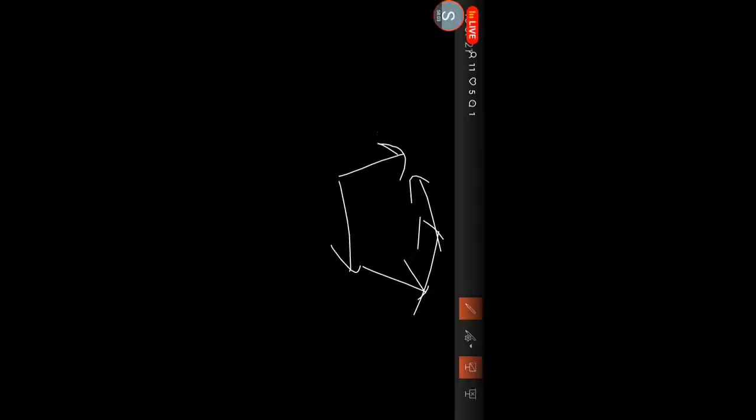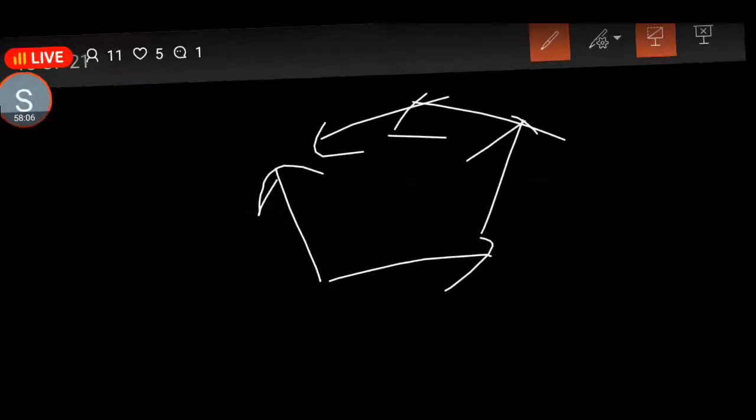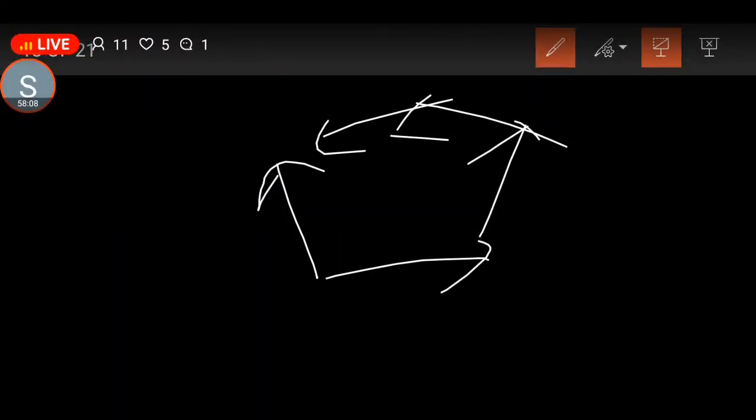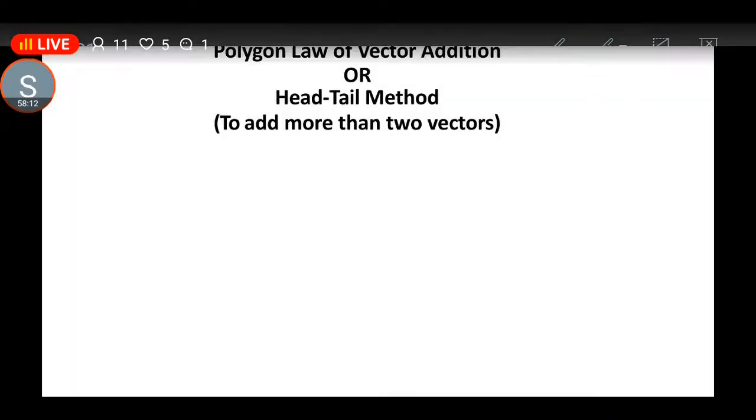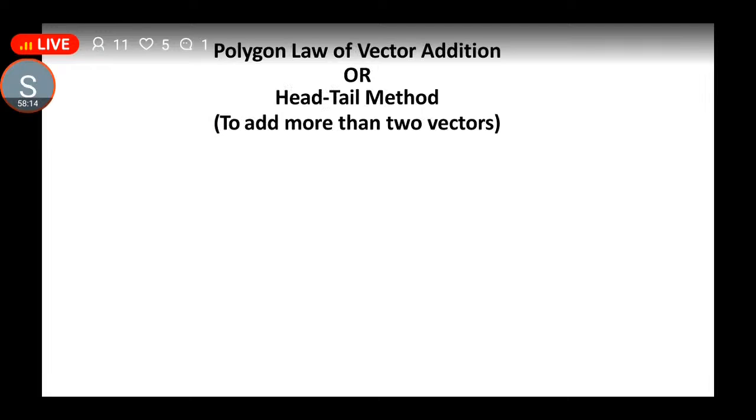And now the polygon law of vector addition. If a number of vectors are represented by the successive sides of a polygon, both in magnitude and direction, then the closing side of the polygon, taken in the opposite order, represents the resultant, both in magnitude and direction.